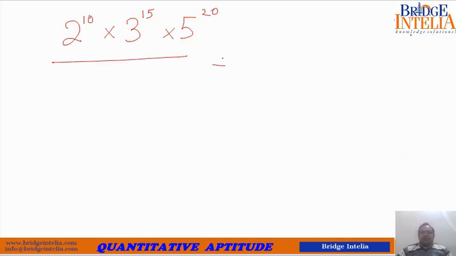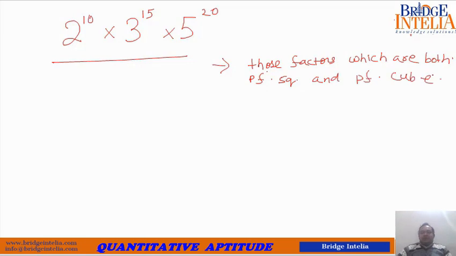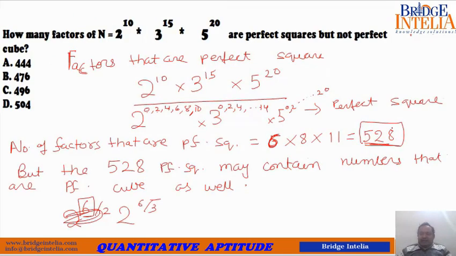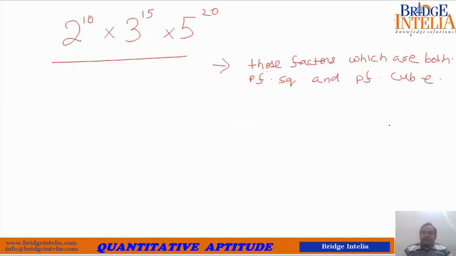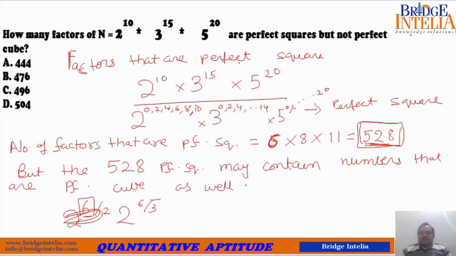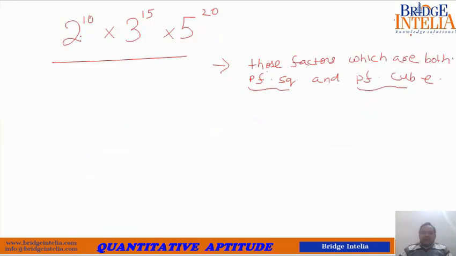Now we are looking at those factors which are both perfect squares and perfect cubes, because as per the question we need to filter out only those factors that are perfect squares but not perfect cubes.